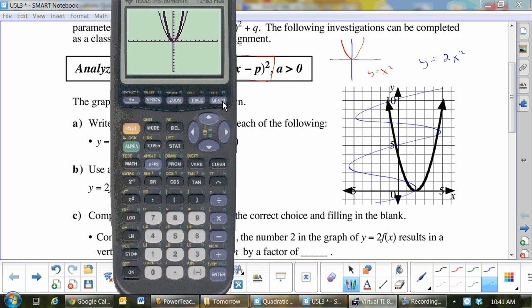Now, what you'll see is it gets a bit narrower. Now, we call that a vertical stretch. And what I need you to think about is, you know those two ends of the parabola? These here and here? And do you see there's actually a nail right there?